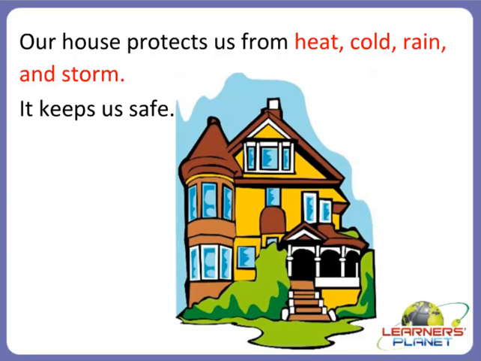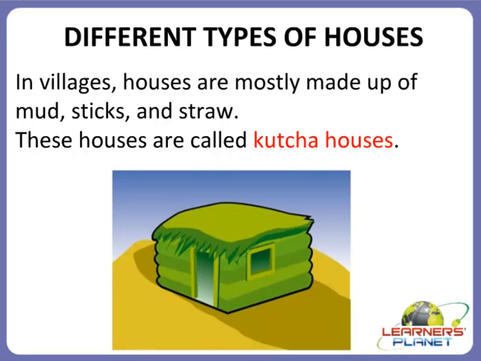Okay children, now we will study about the different types of houses. So which are the different types of houses? Children, in villages, houses are mostly made up of mud, sticks and straw.